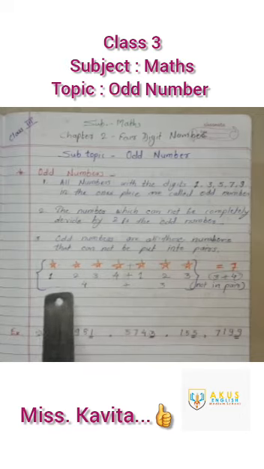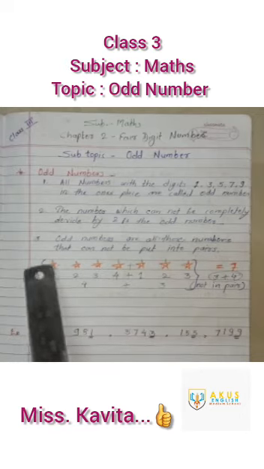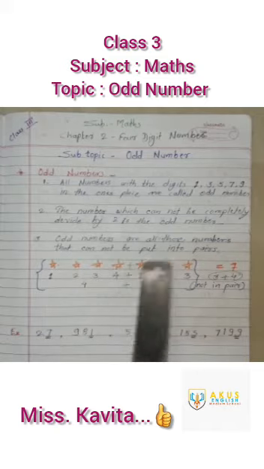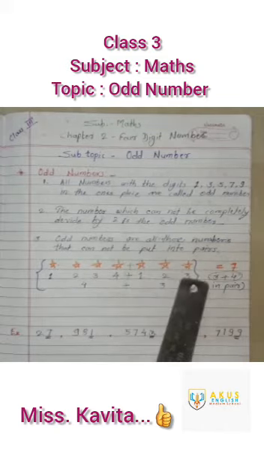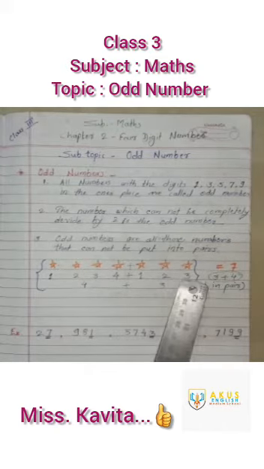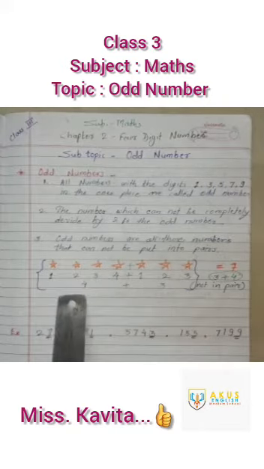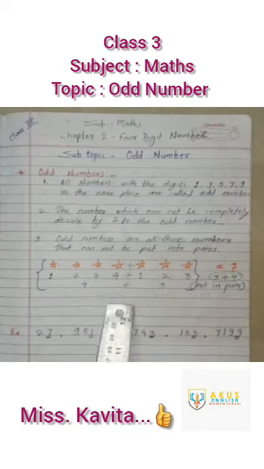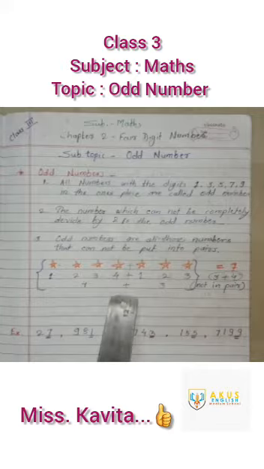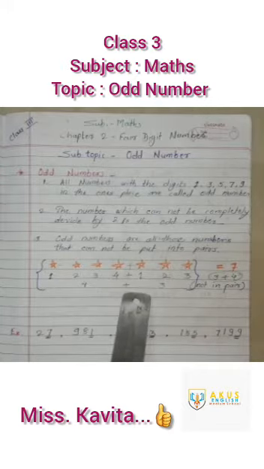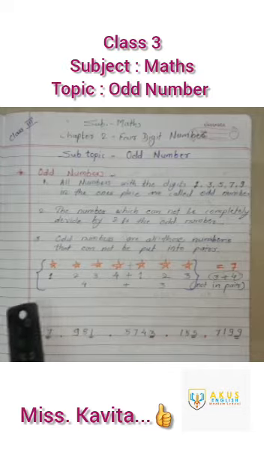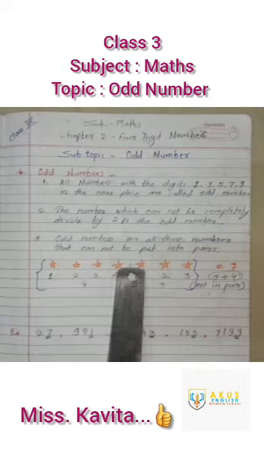Let's see one example here. There are 1, 2, 3, 4, 5, 6 and 7 stars. If someone tells us to make two same groups, that means make a pair. Pair means in both groups there will be the same number of objects. Let's see. 1, 2, 3, 4.